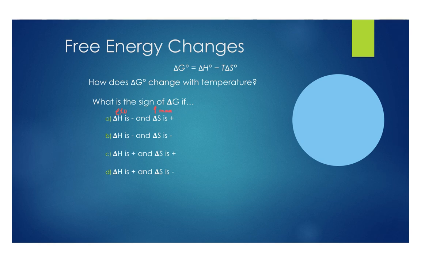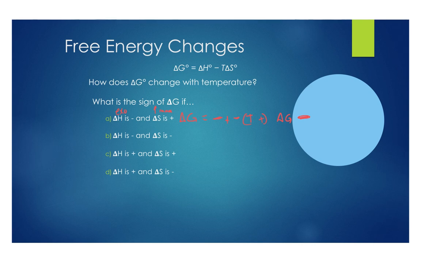Delta G equals delta H, which is negative, minus T delta S, and delta S is positive, so this term is negative, and we're adding more negative to that. So overall, my delta G here is going to be very negative, which means that this system is going to be thermodynamically favorable, and it is going to happen.